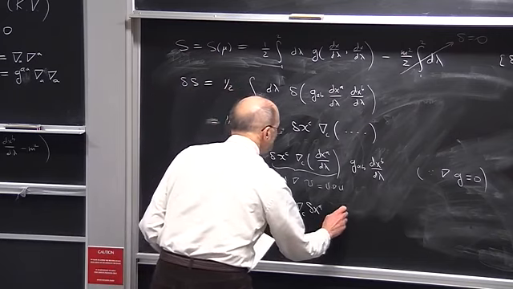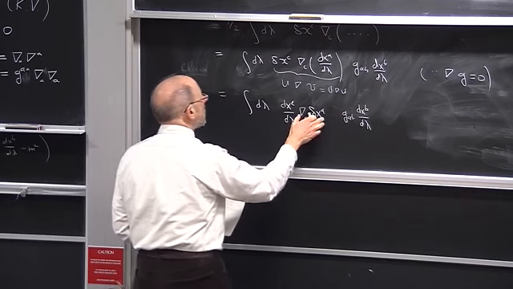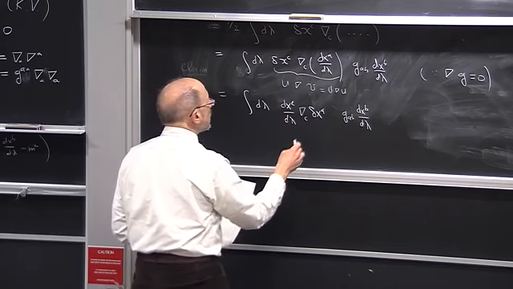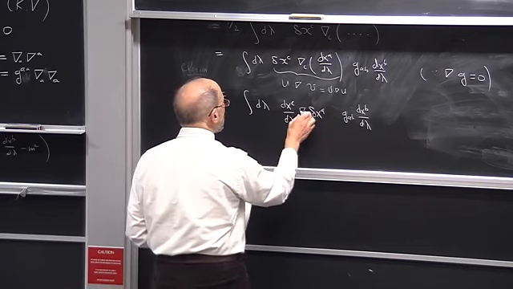It's the usual story. I've now got the variation of x under a derivative. I don't want that if I'm deriving the equations of motion, so I have to do an integration by parts, which means I have to throw the derivative in the other direction.